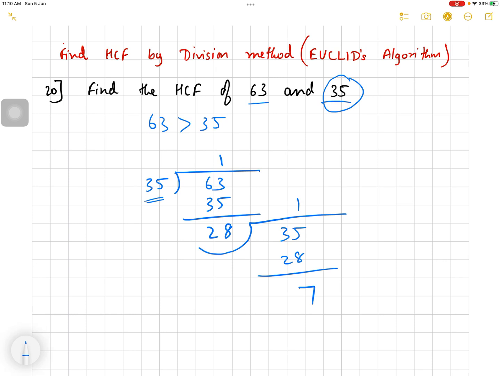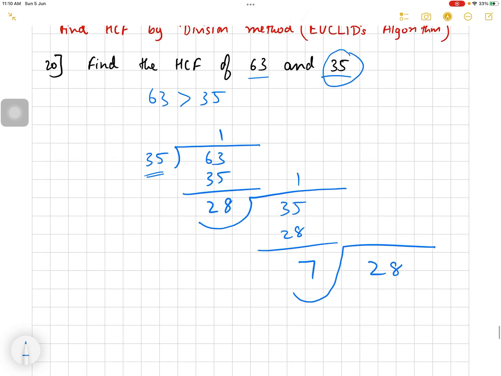Now 7 is your divisor and 28, the previous divisor, is your dividend. So here 7 4s are 28. Till the remainder comes 0, you have to keep on doing this, and the last divisor is your HCF.